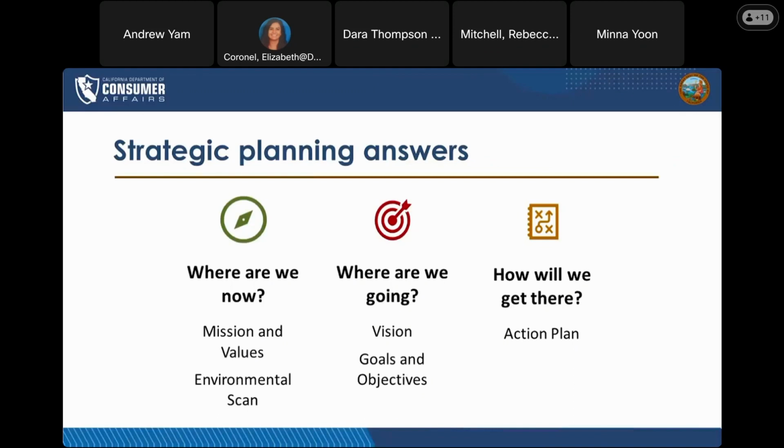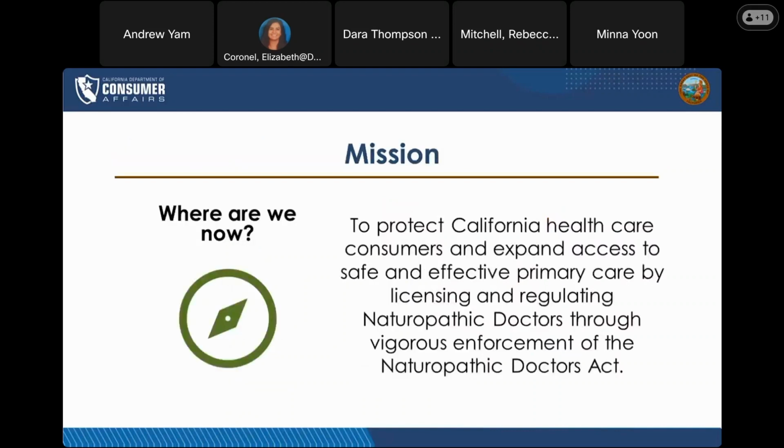An effective strategic plan answers where your board is at now through its mission, values, and the environmental scan. It also answers where your board wants to be through its vision, goals, and objectives. And lastly, how will your board get there through an action plan and performance measures?